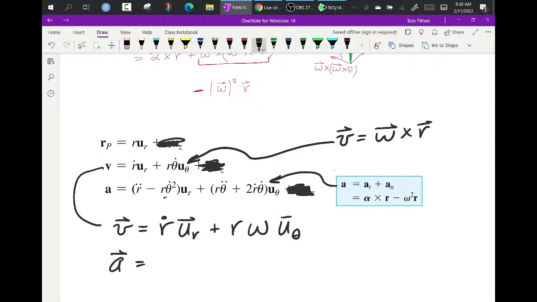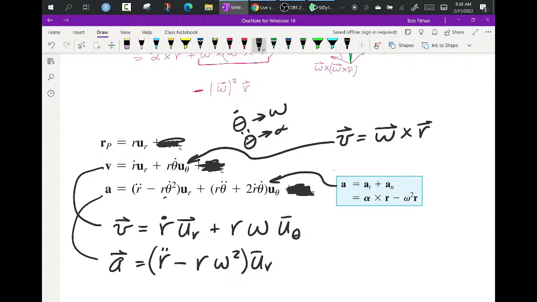Acceleration is nothing more than r double dot. Again, I'm copying this, but I'm changing the variable: theta dot gets changed to omega, theta double dot gets changed to alpha. R alpha plus 2 r dot theta dot, that gets changed to omega.